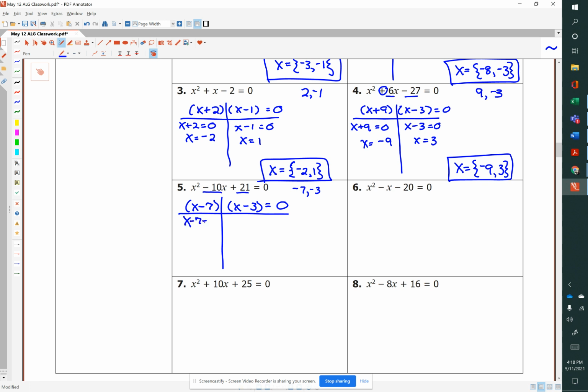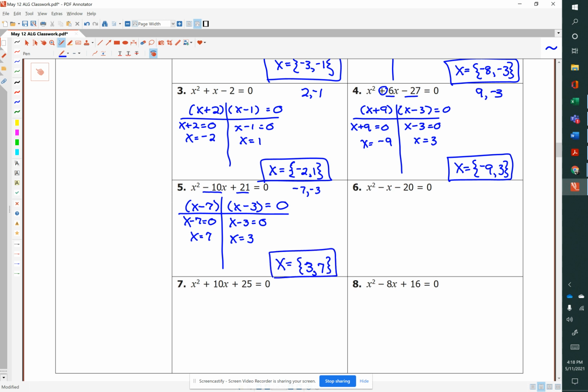So x - 7 = 0, therefore x equals 7. And x - 3 = 0, therefore x equals +3. And those are our two solutions. Let's put them in order.